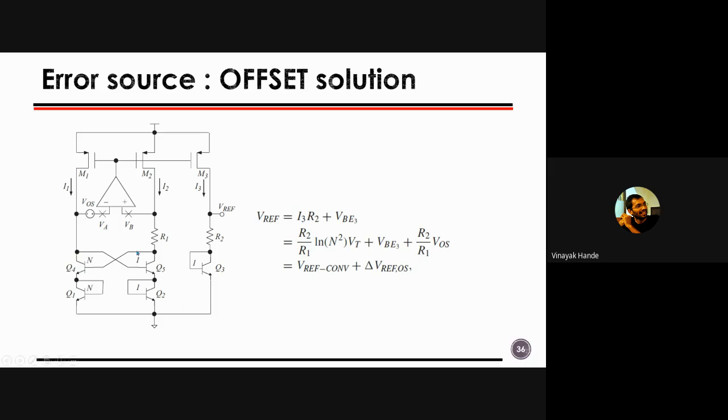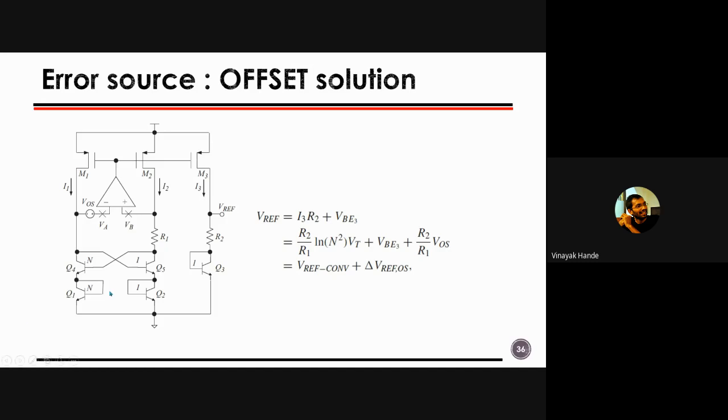Here you will get something, delta VB. So overall this circuit will not work at all for a sub 1 volt voltage reference, because you require at a stretch something like 1400 millivolt.